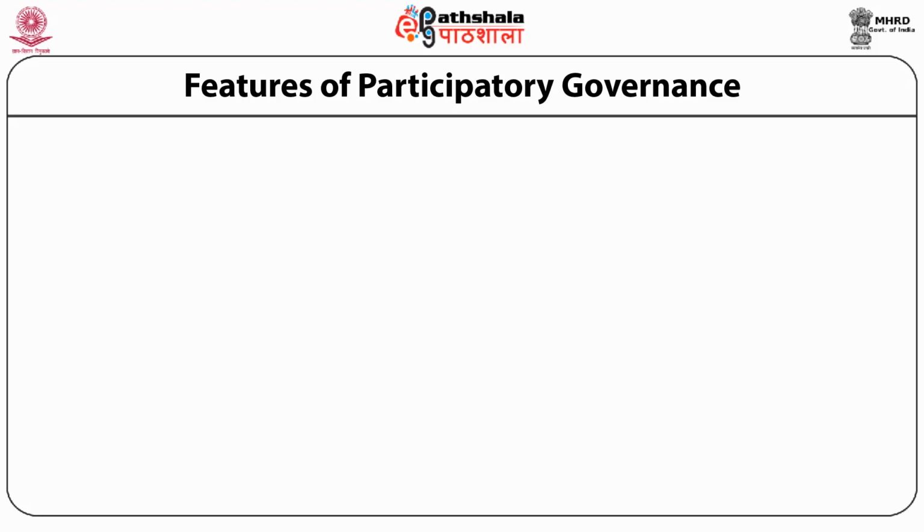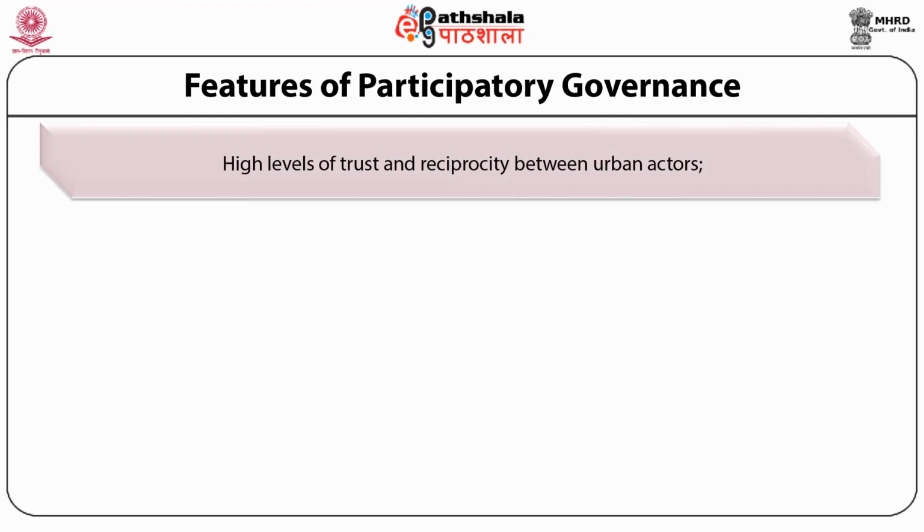The first important feature of participatory governance is high levels of trust and reciprocity between urban actors, which are expressed through some form of political contracts which embody political equality, tolerance, and inclusiveness.